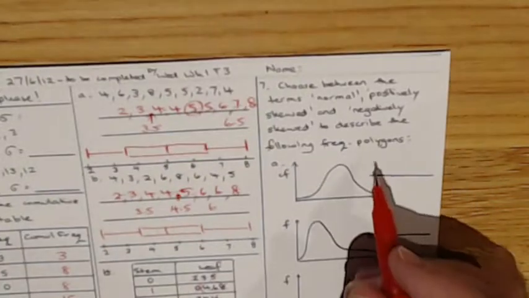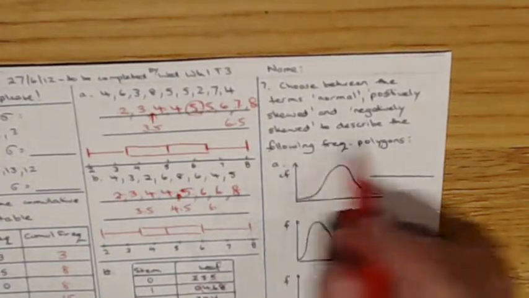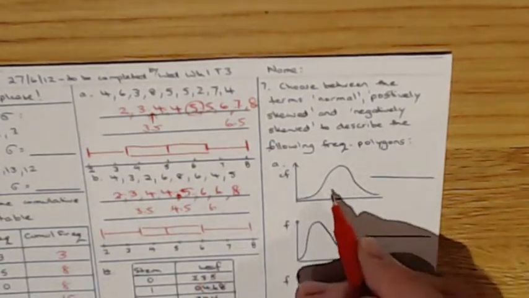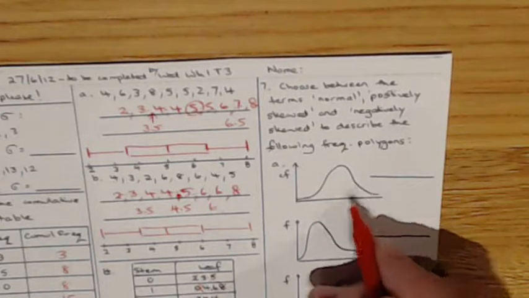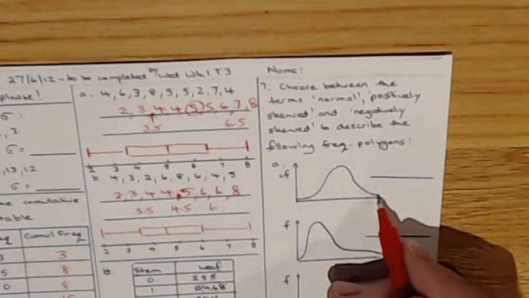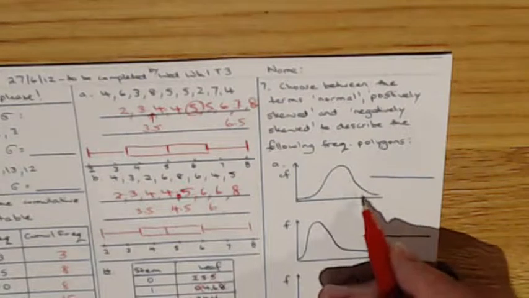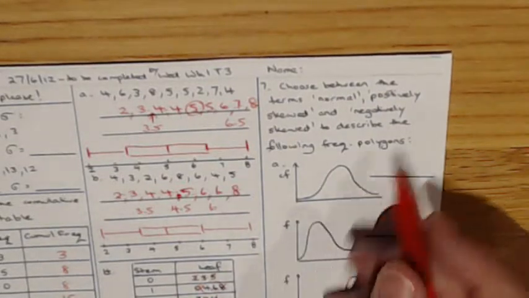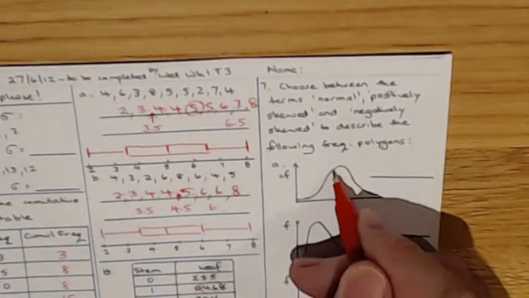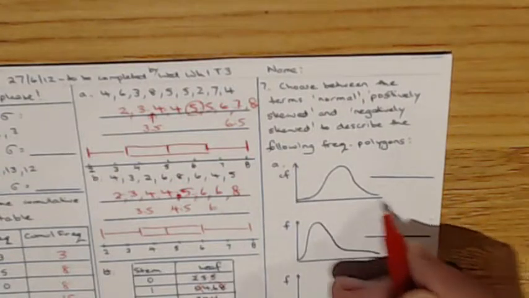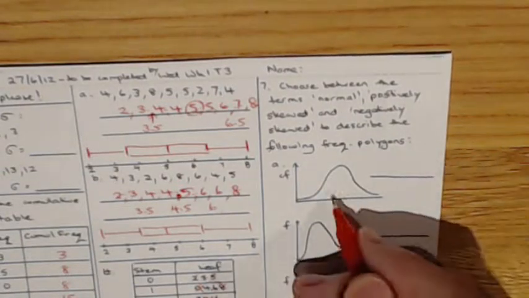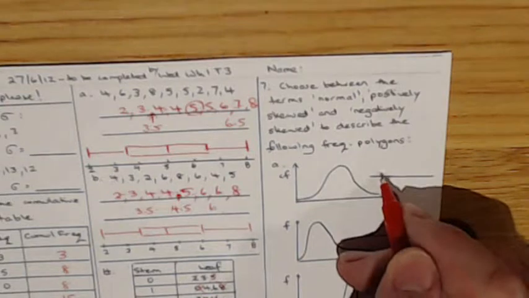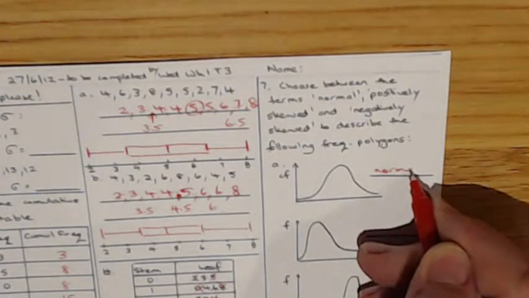When we talk about skewing, we either have a normal distribution or one that is skewed to the right, or it's positive skewed, or it's negative skewed. In this case, the tail, if we were to lift up and come back down again, the tail seems to be, no, actually that's supposed to be normal. That's normal.